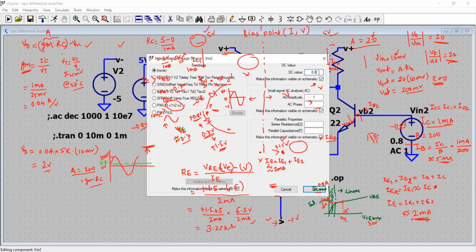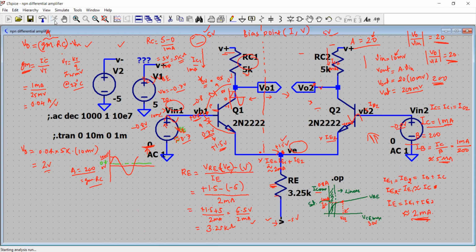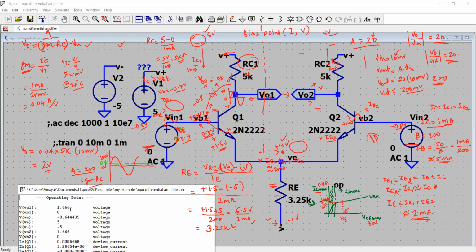And with that, I will check the operating points again. Let us click that. Now you can see I have this diode, and the collector voltage has changed to a level of 1.66, and the base voltage is 0. So obviously N is at the positive, the P is at 0. So the diode here is reverse biased.